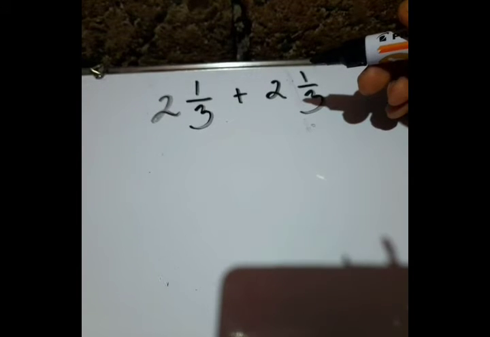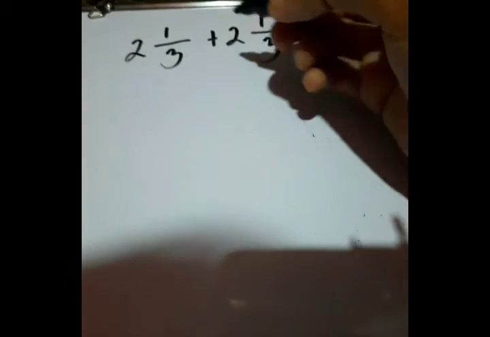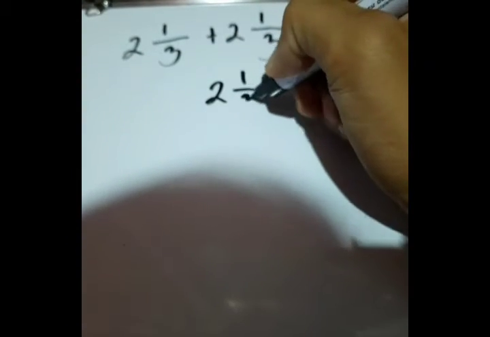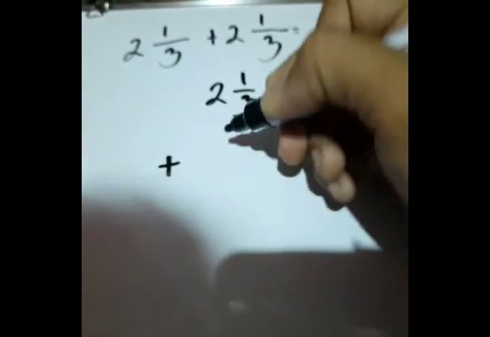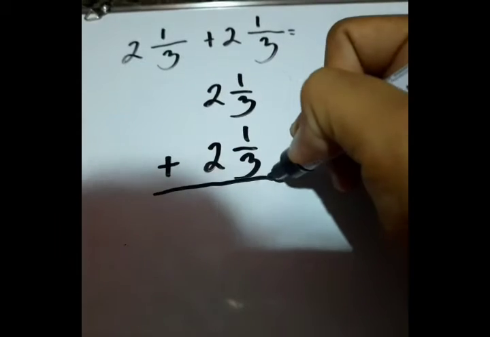The one-way process I'm referring to is that we will solve everything in this video in vertical form so that we will avoid confusion. So we'll arrange this one in vertical form. So we have 2 and 1/3 plus 2 and 1/3 is equal to.